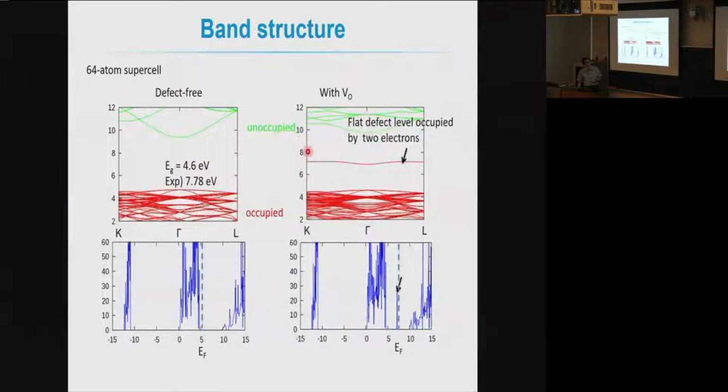The Fermi level is between the red one and the green one. So the flat band is occupied, and in the density of states you can identify this flat band by the sharp peak within the band gap. This is the characteristic of the defect, so we call it the defect level, the electron structure that is associated with the defect.